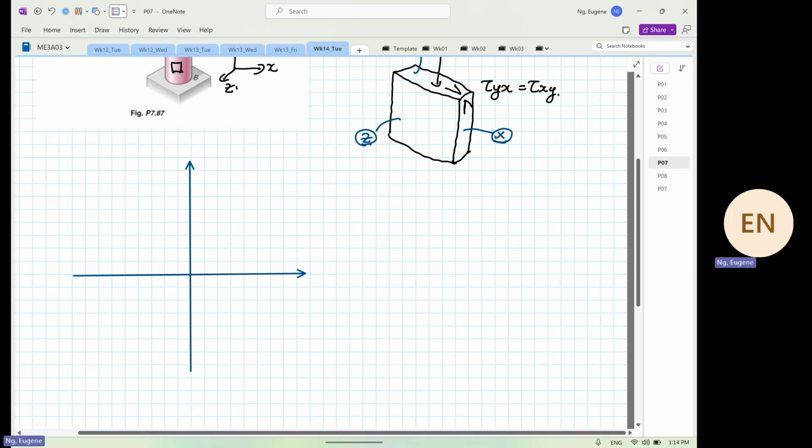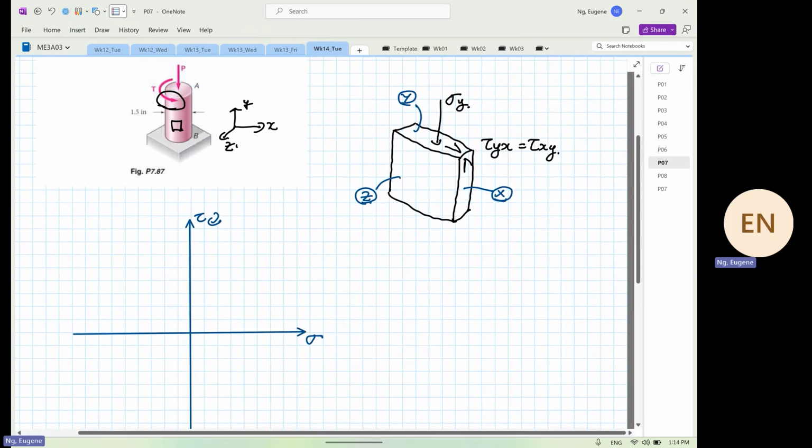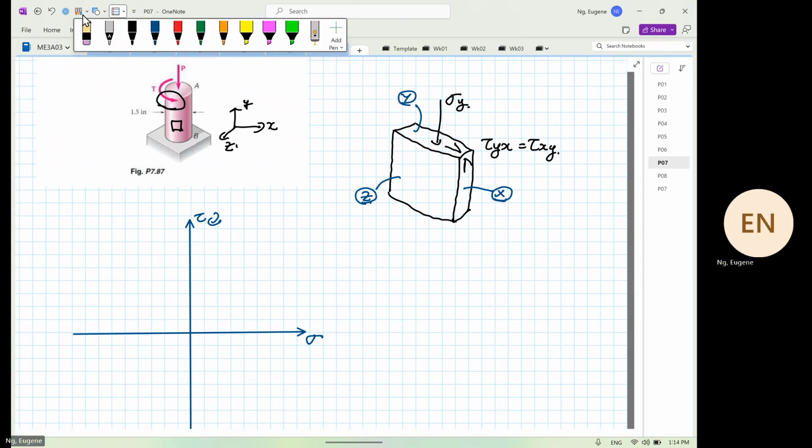we know we're in the compression range. Element rotates clockwise, anti-clockwise. We know that our normal stress Y is somewhere around here.